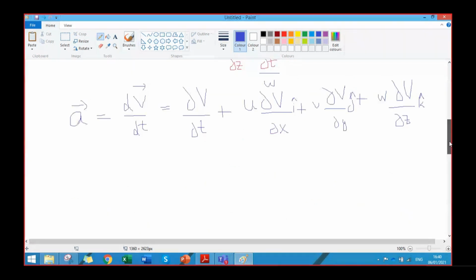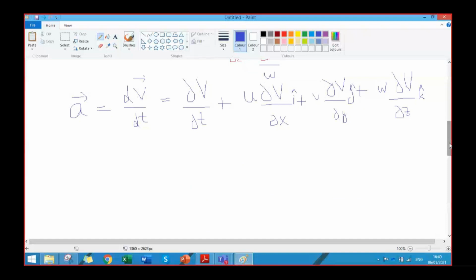Now we see that the derivative of the velocity is not that simple. It depends on the temporal as well as the spatial components. It depends on the time as well as the space coordinates. So it is called the total derivative. We should have taken the total derivative of the velocity field, which is represented by a equals capital D V by capital D t. Capital D by capital D t means you are taking the total derivative, the derivative with respect to time as well as the spatial coordinates x, y, z.